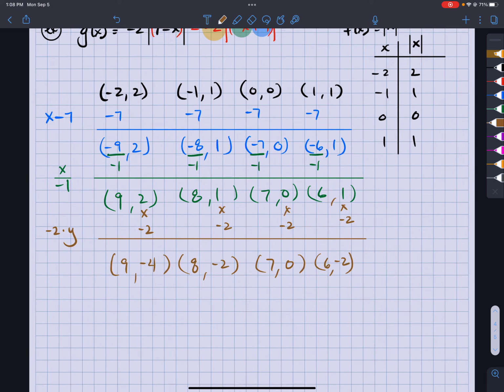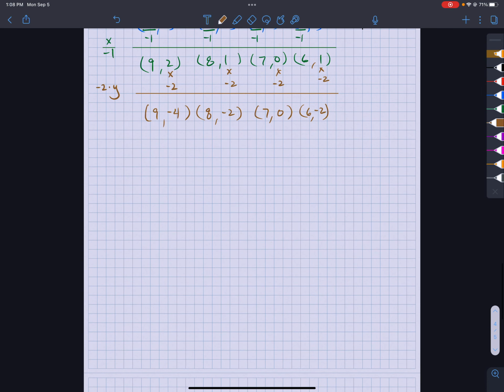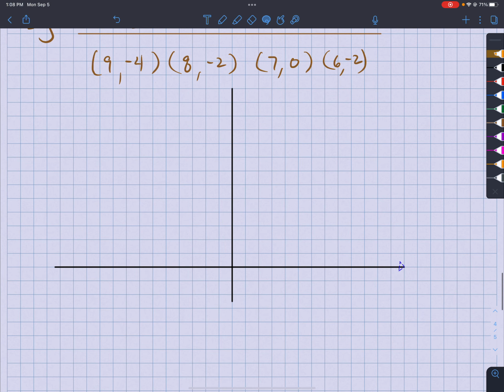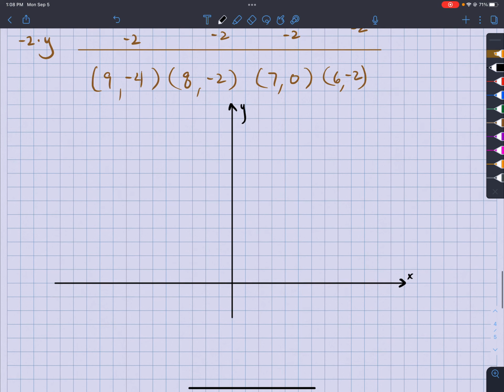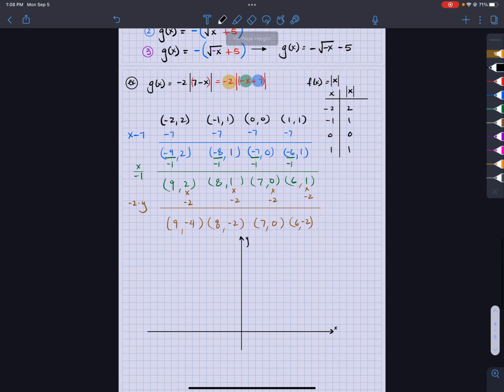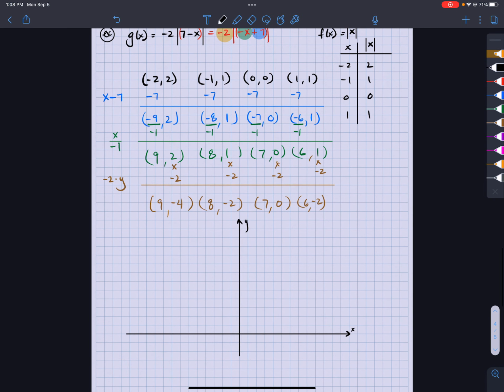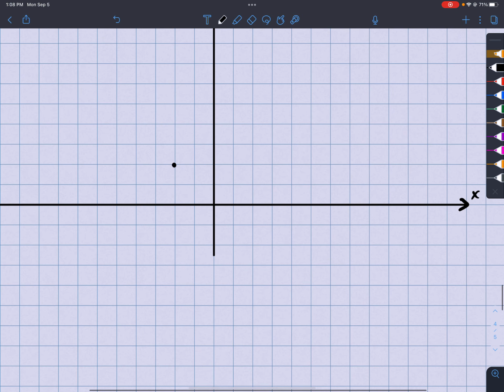All right, so let's go ahead and graph this and see what that looks like. So here's my x, here's my y, and my parent function was this right here, the -2, 2, -1, and that.